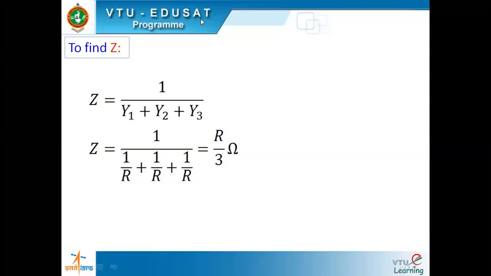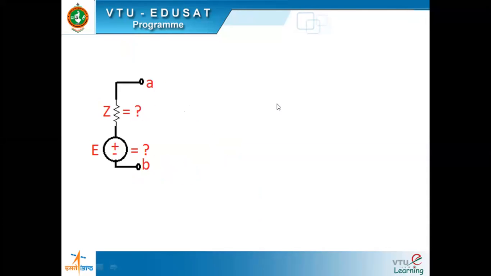Get this point? So what did we obtain? We obtained the Thevenin's equivalent circuit just now. We have got E to be 2 volts and Z to be R by 3 ohms.